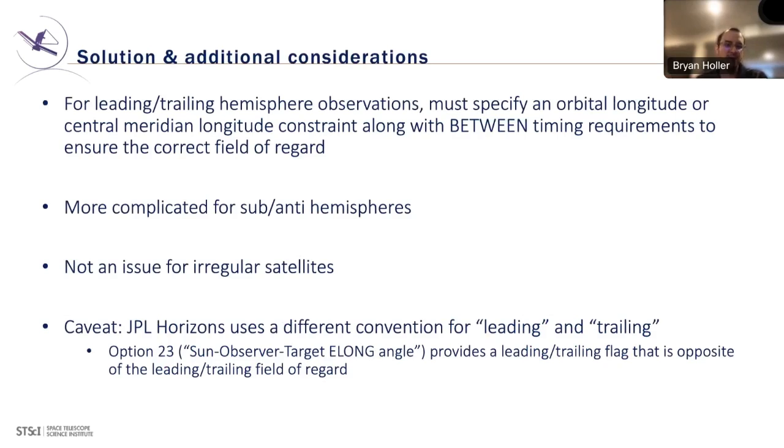There's a caveat here if you're using JPL Horizons to determine if you're in the leading or trailing field of regard. Horizons uses a different convention for leading and trailing. Option 23 there, Sun Observer Target Elong angle, provides a leading trailing flag, but that's the opposite of the name for the JWST field of regard.